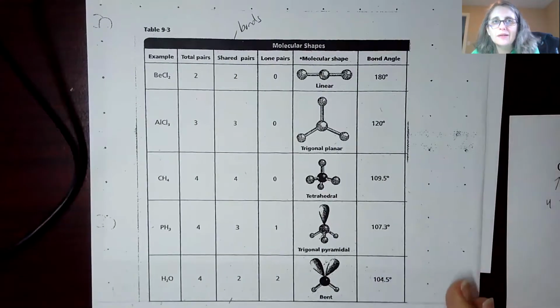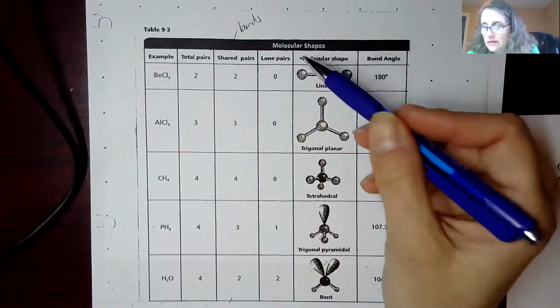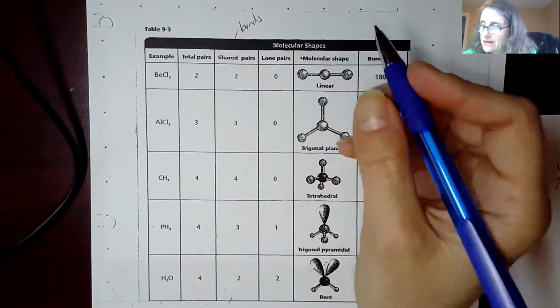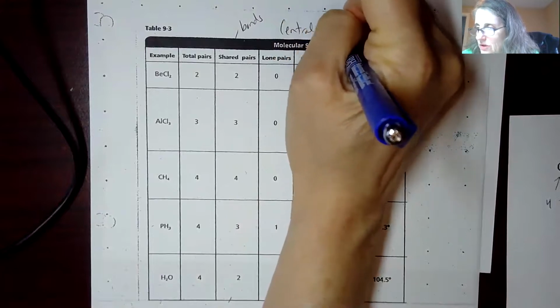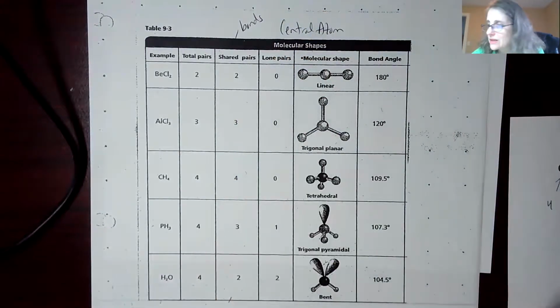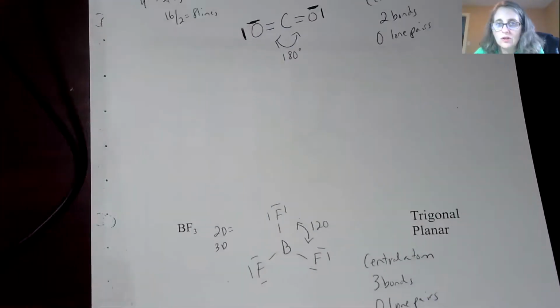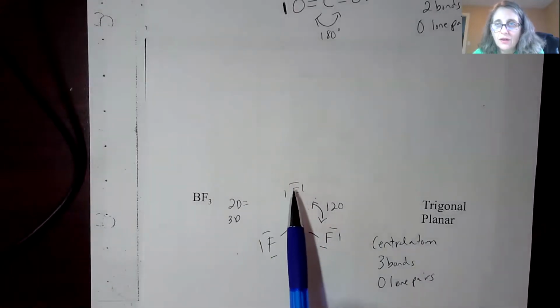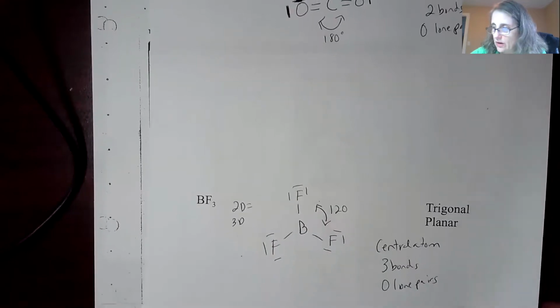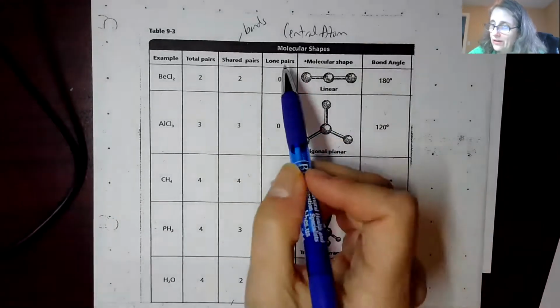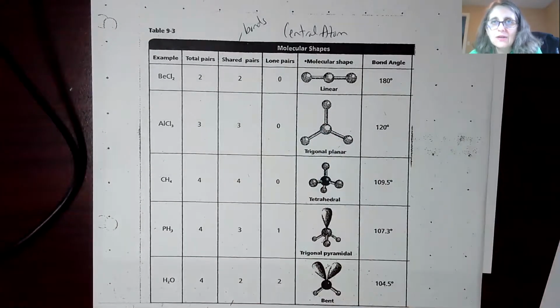What kind of bonds do you have around that central atom? And lone pairs is exactly what it sounds like. But again, only the central atom is all we are talking about here. So it has nothing to do with the lone pairs on, for instance, the one I just drew. It doesn't matter that I have 3, 6, 9 lone pairs on fluorine. What I care about is the lone pairs on that central atom.